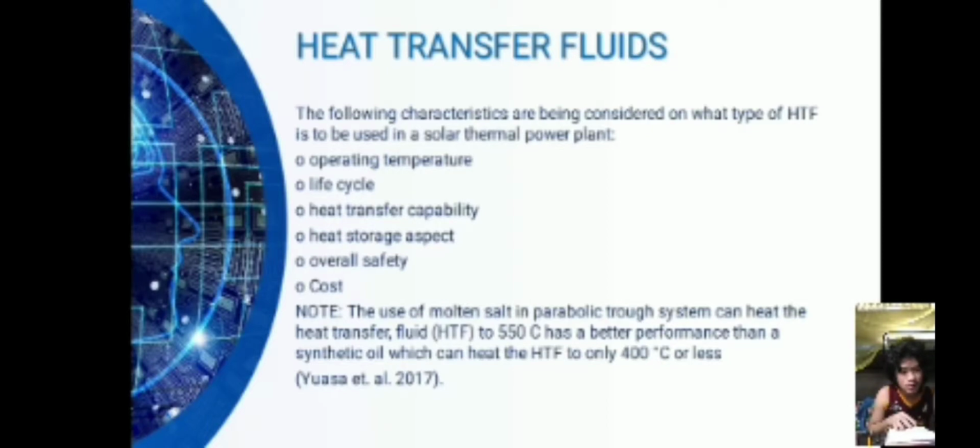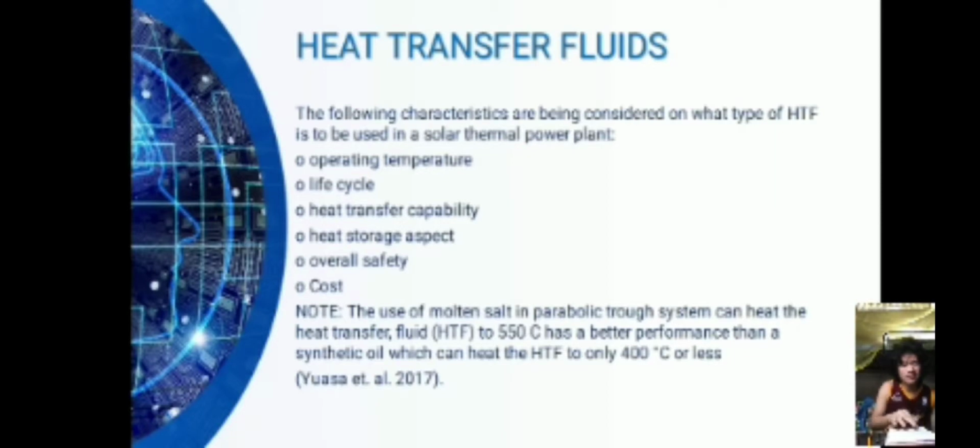So, base sa pag-aaral ng USA in 2017, the use of molten salt in a parabolic trough system can heat the heat transfer fluid HTF to 550 degrees Celsius, which has a better performance than synthetic oil, which can heat the HTF to only 400 degrees Celsius or less.